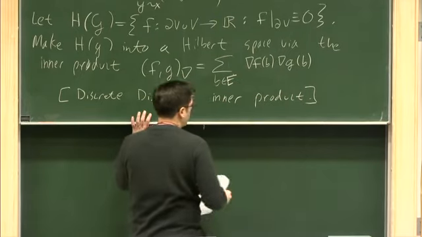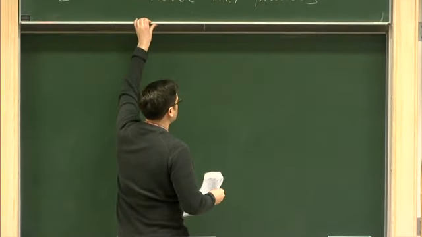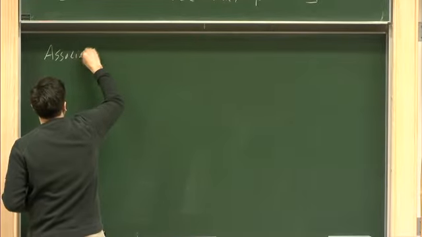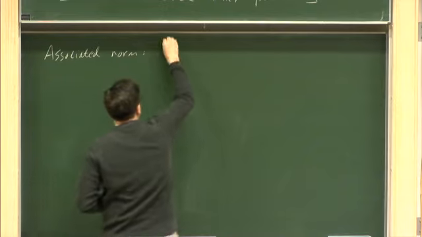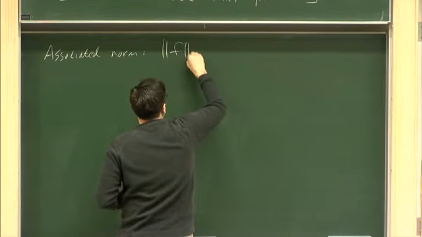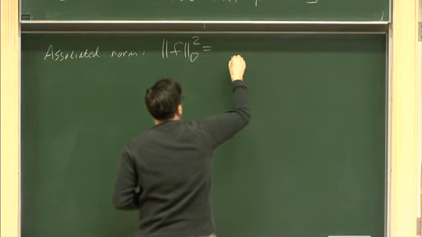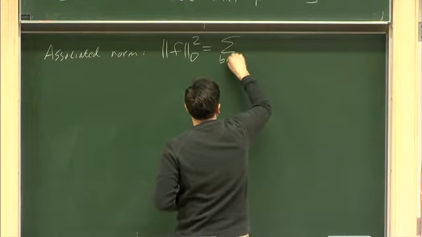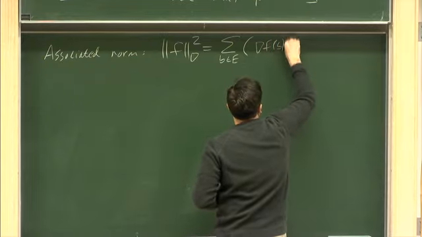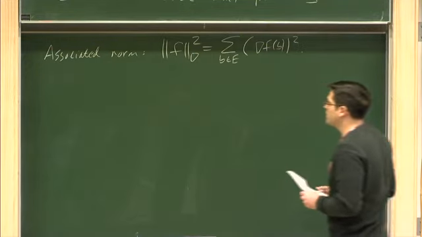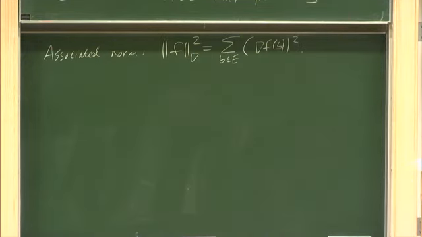And the associated norm, I'm going to write with the usual norm sign and a subscript nabla. This is just given by the sum over all edges in the graph of the square of the gradient of my function across that edge. Okay, and this is the Hilbert space that I want to work with.